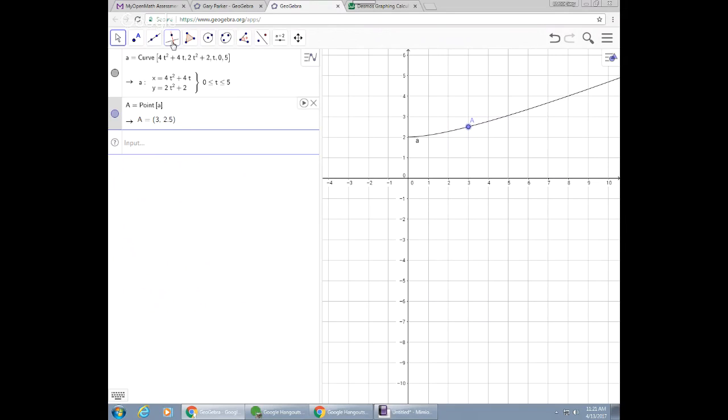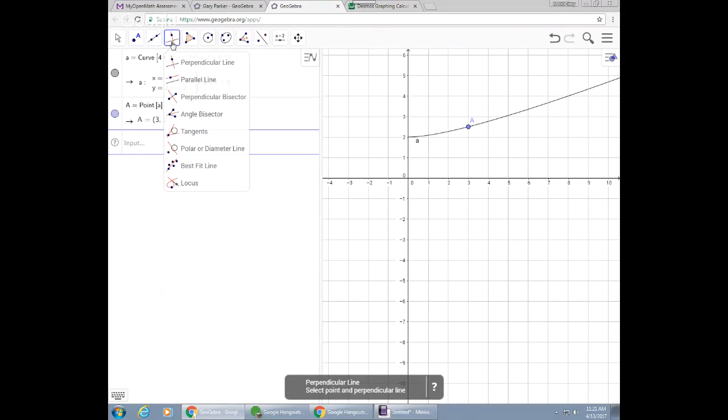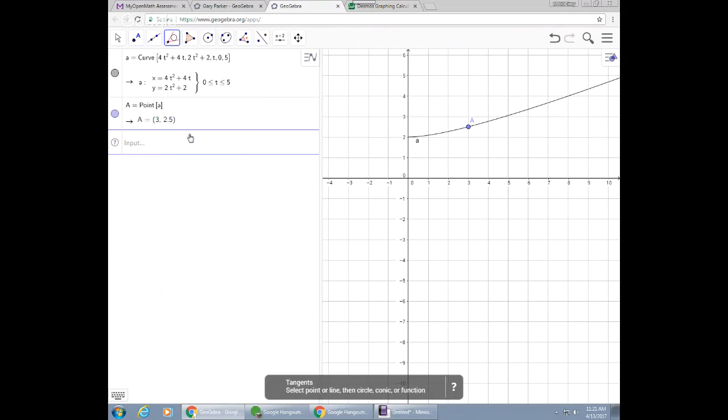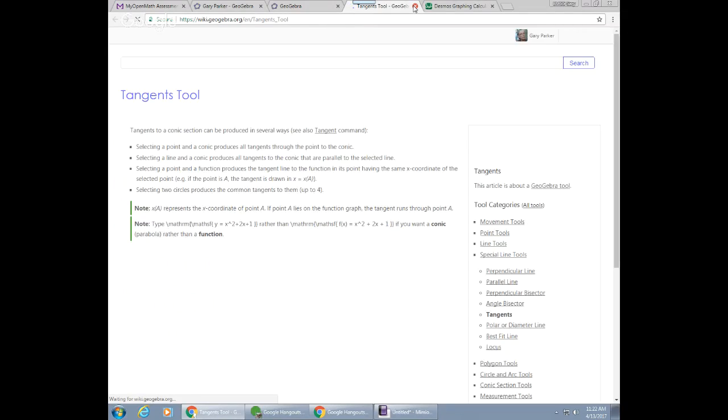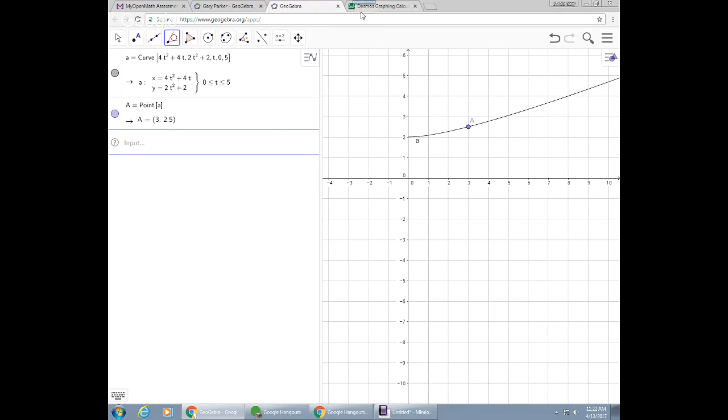Other cool thing Geogebra has, it has features like give me a tangent line. And down here, it usually gives instructions on how to get the tangent. Oops, usually pop up on the screen better. To use the tangent line, I think I just need a point and a curve.